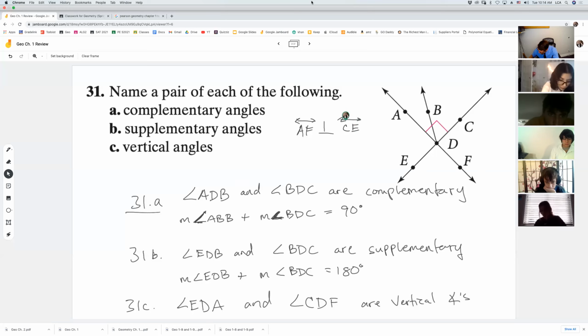Now, how do you know it's perpendicular? How do we know that they're perpendicular? Because there's a right angle.